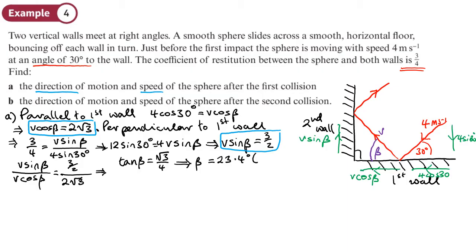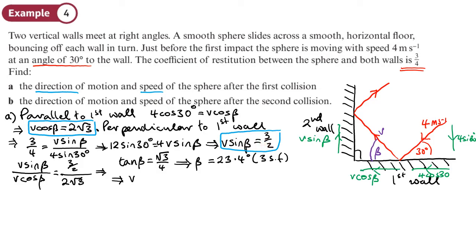That's 3 significant figures, 1 decimal place. And we're going to use the exact value to work out what v is. I could substitute that into any equation really. Let's substitute it into the sine equation now that we have beta.